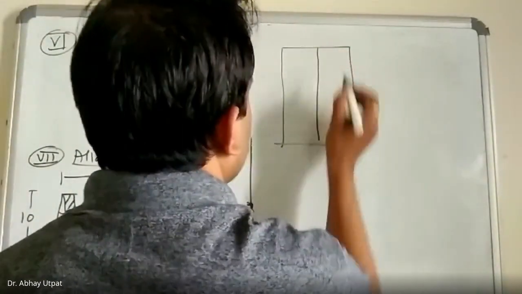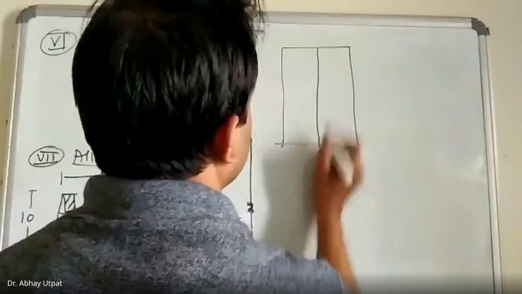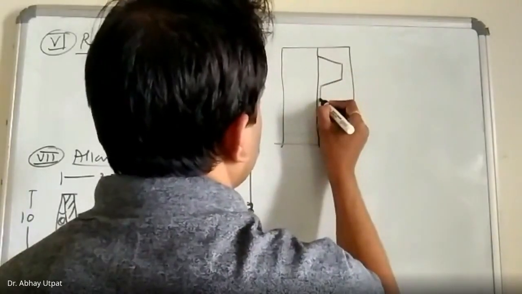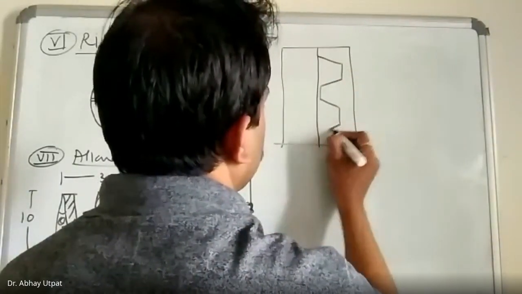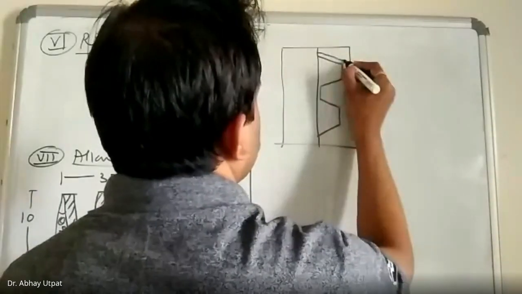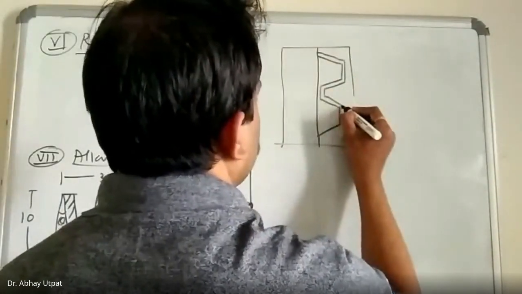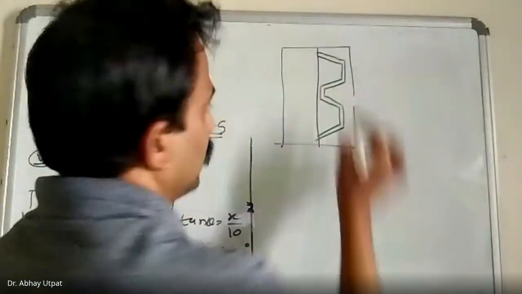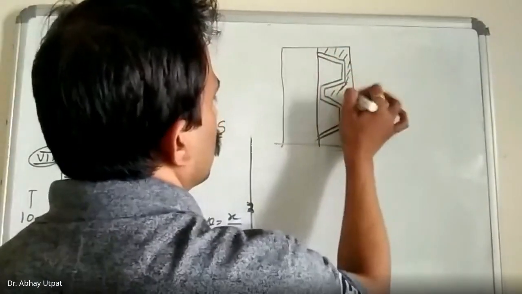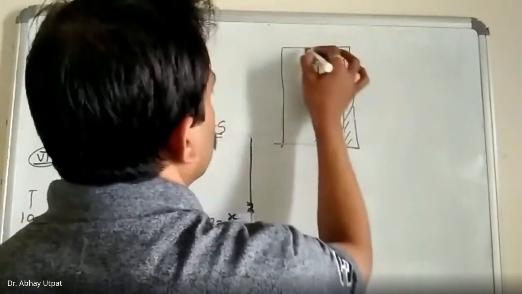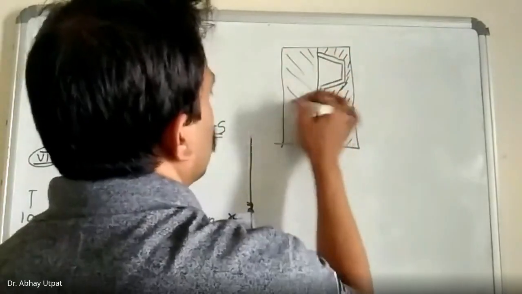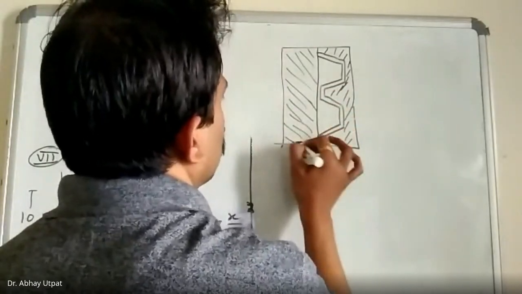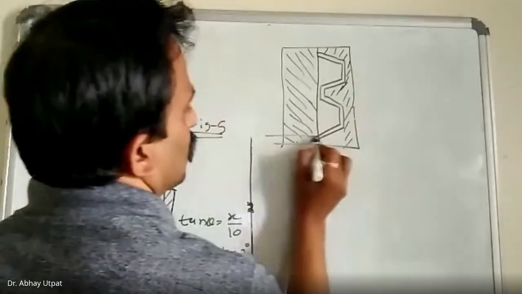This is your mold. In this way. This is another half. Here ejector pins are provided.